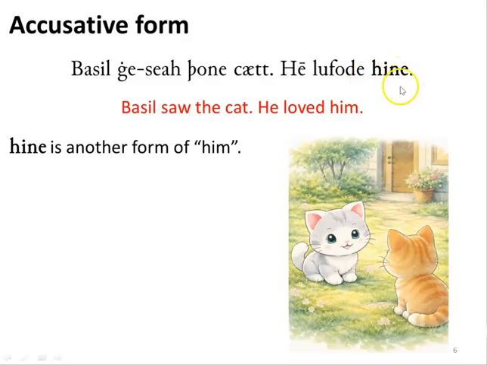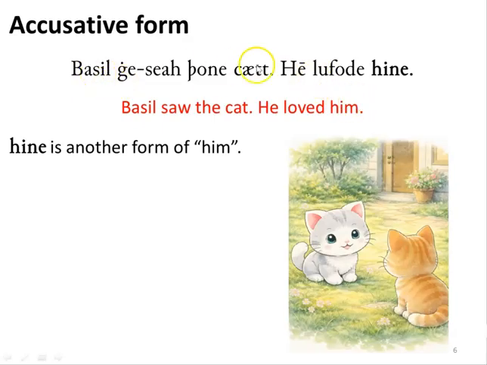Hine is the accusative. It's the direct object. That's the object of being loved, right? The object that is loved is in the accusative. That tells you that him, the second ginger cat here, is the object of Basil's love. It's the object of the verb loved. So hine is another form of him. The accusative is the direct object of the verb, the one receiving the action.